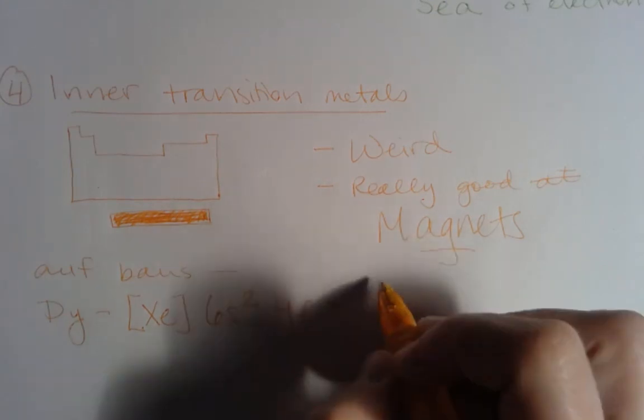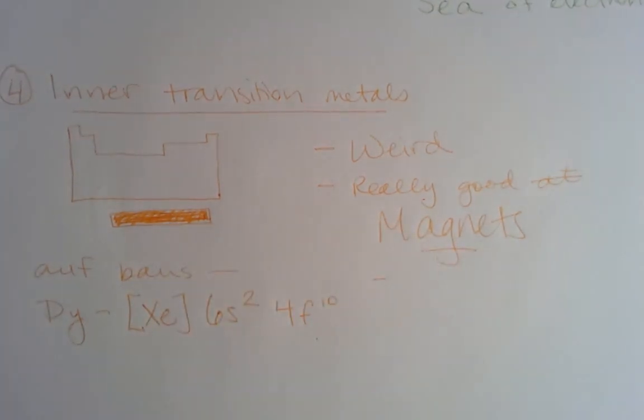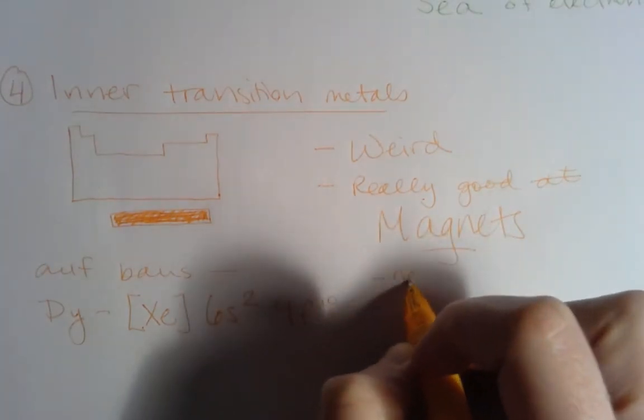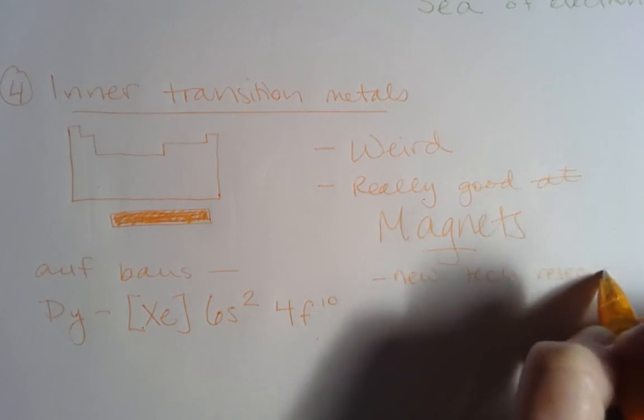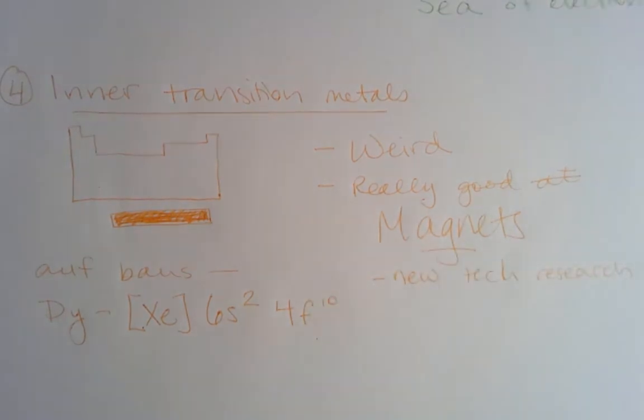This is the breaking technology research, new tech research. Because of these magnetic properties, that's where you're going to look to figure out how to make your tech go faster, stronger, etc.